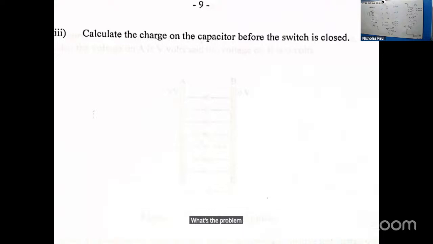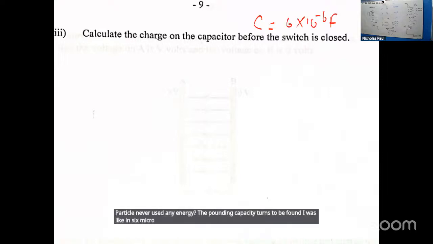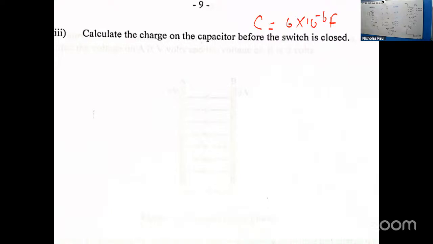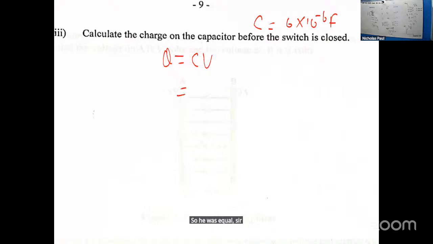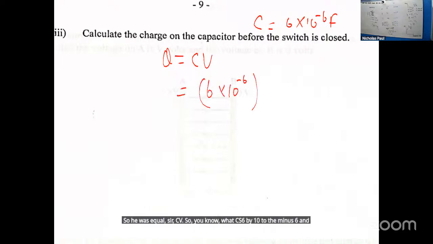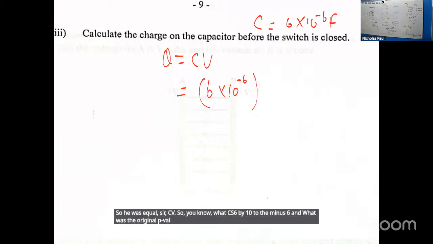Right, we found the capacitance to be 6 microfarads. Q is equal to CV. So we know C is 6 by 10 to the minus 6, and what was the original V value?